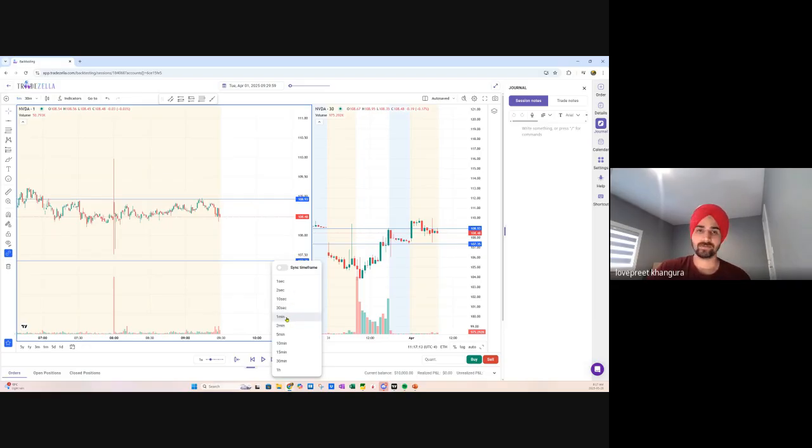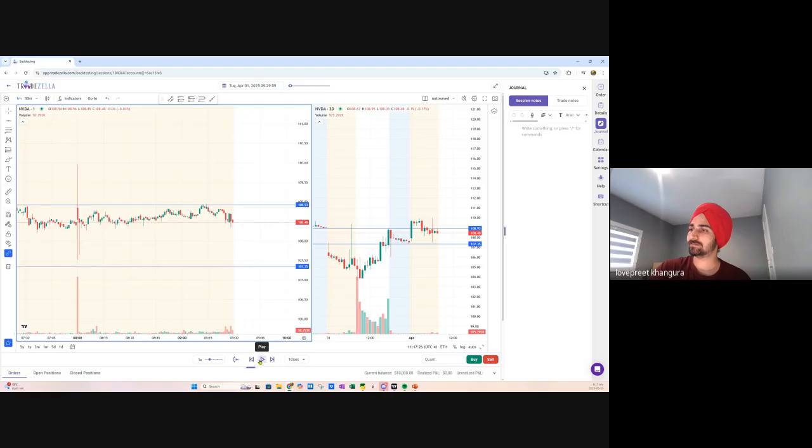So if I go for a minute, each candle will be shown as a closed candle. Right. So if I go for 10 seconds, it will move 10 seconds per tick.